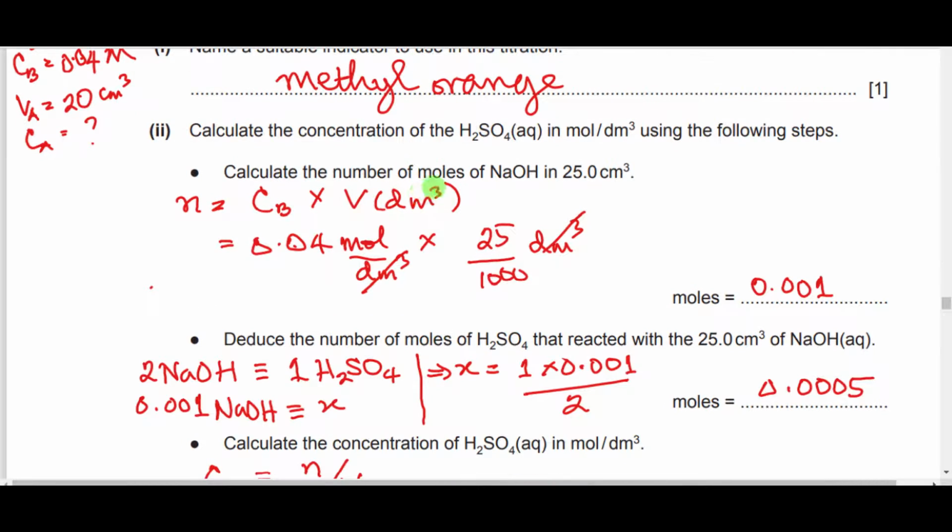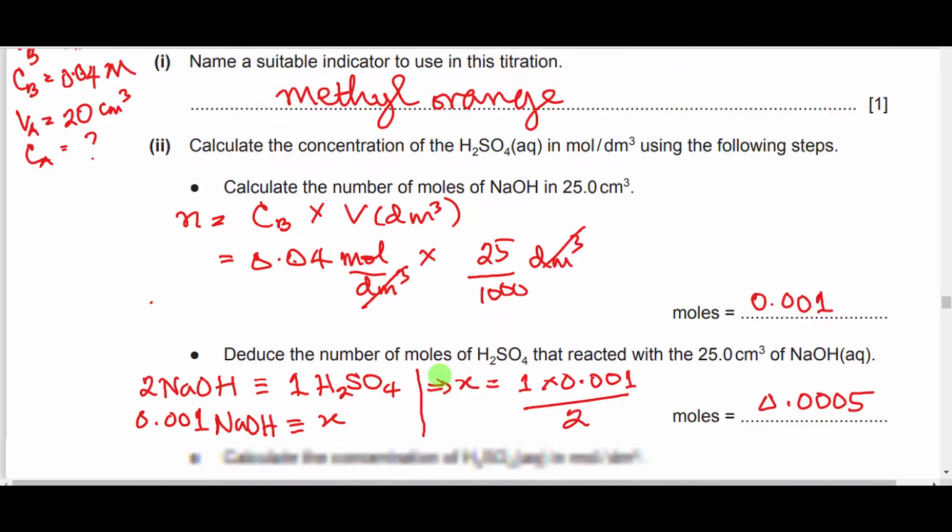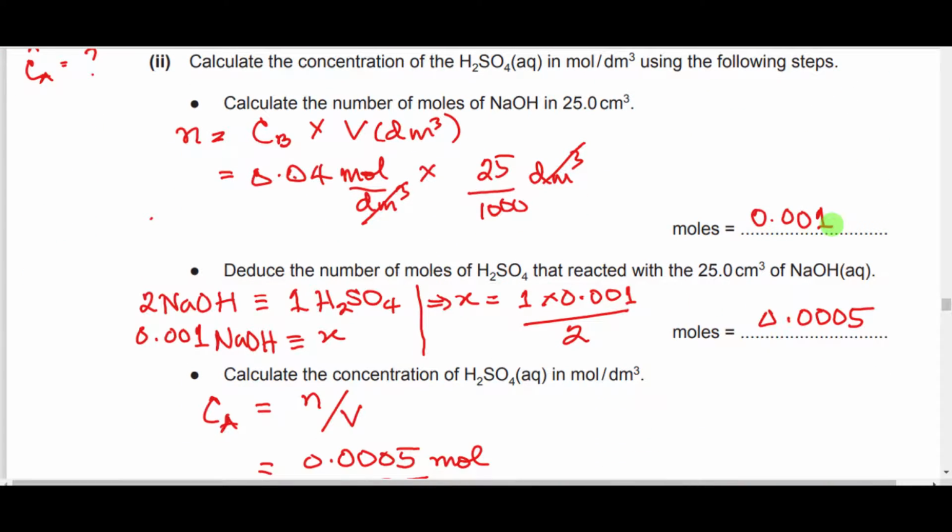Then from there, using the concentration of the base, which in this case is the standard solution, and the volume of the base, we calculate the number of moles of the base that reacted, which is 0.001 mole. This formula is used to calculate the number of moles of a substance in a solution: concentration times volume in dm cube.